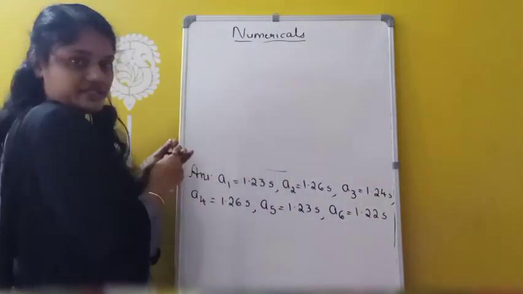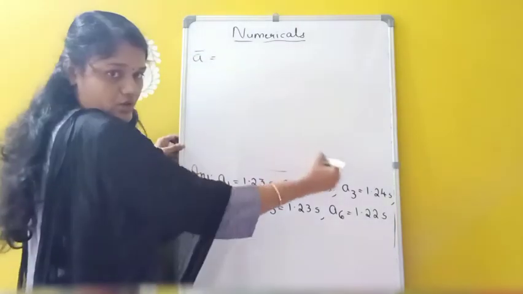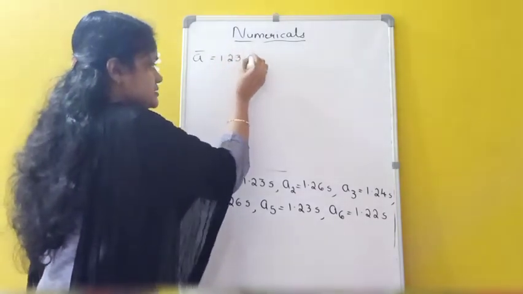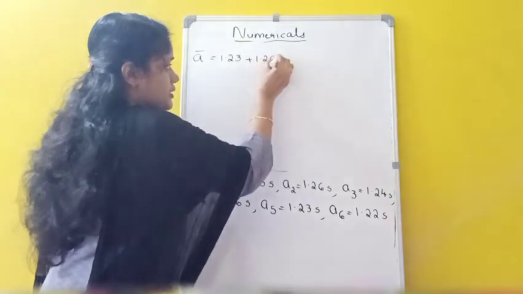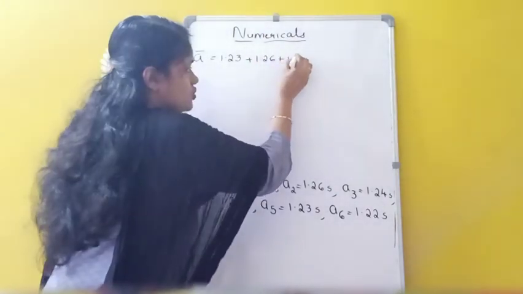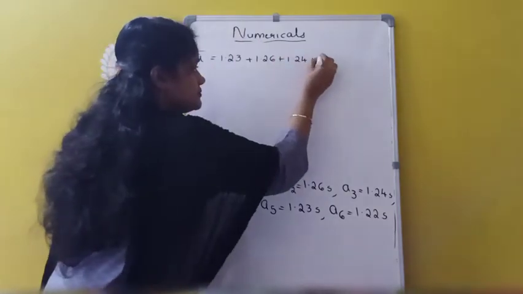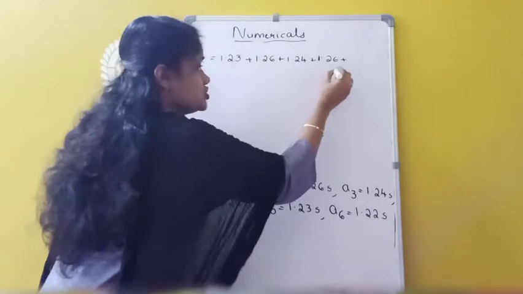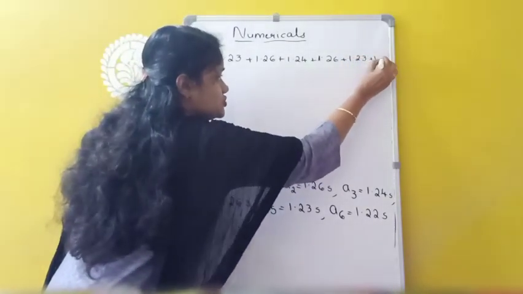So the true value A bar equals, we have to add all these: 1.23 plus 1.26 plus 1.24 plus 1.26 plus 1.23 plus 1.22.